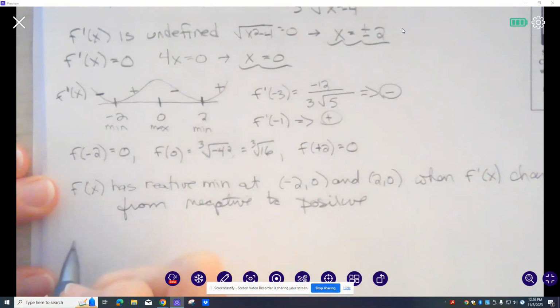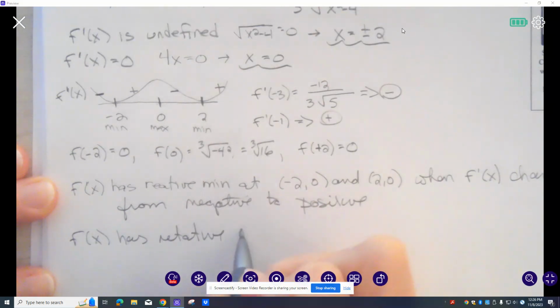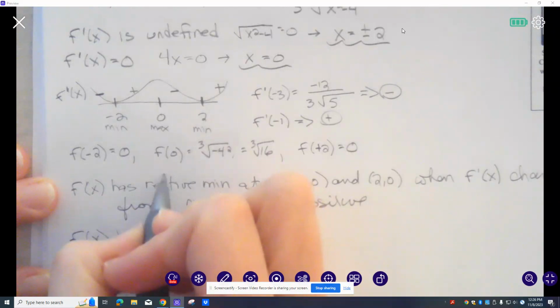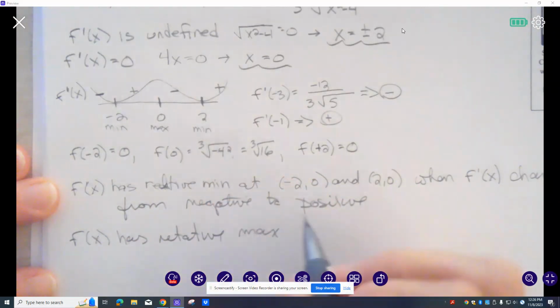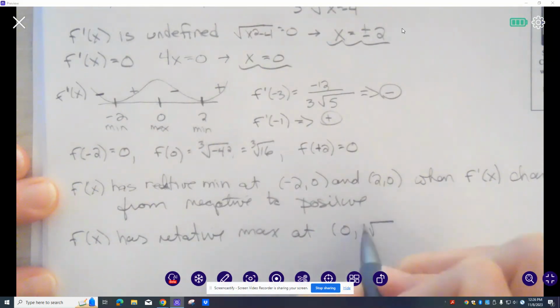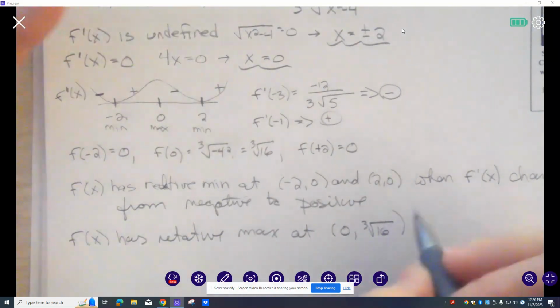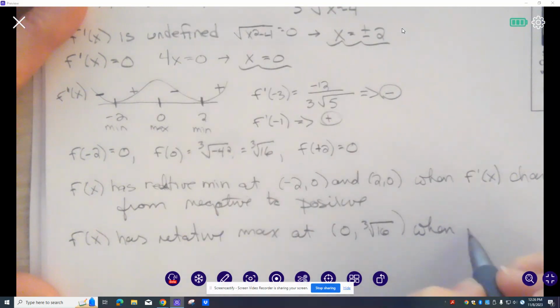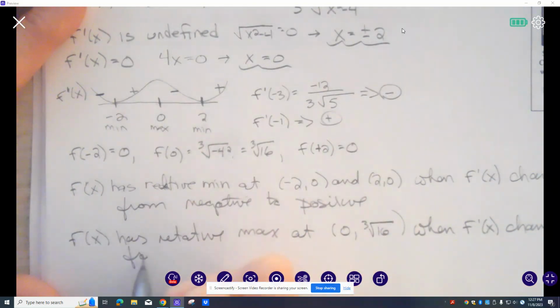Okay, and then f of x has relative max. I spelled relative wrong up here, R-E-L-A. Relative max at the coordinate point 0, third root of 16, when or because f prime changes from positive to negative.